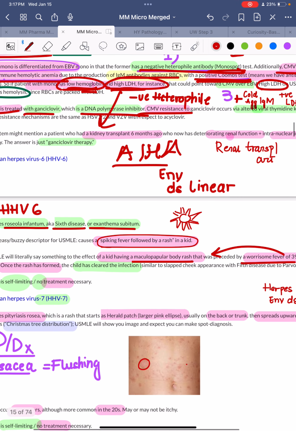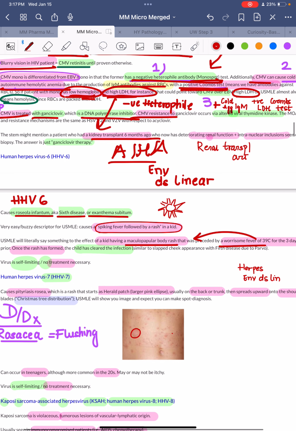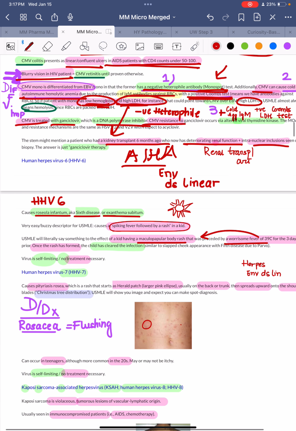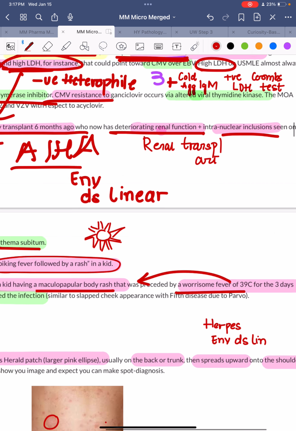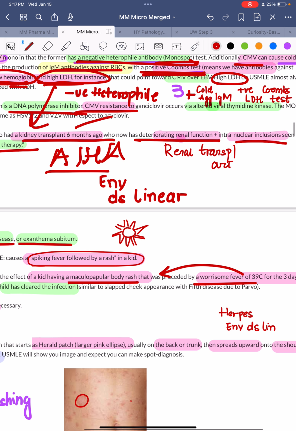So if the patient had a kidney transplant 6 months ago and now has deteriorating renal function with intranuclear inclusions, then they can simply ask you what's going to be the treatment. The treatment will be ganciclovir therapy for this patient who is developing CMV. Now what is the key? How do you know that this is specifically CMV and not the earlier virus?